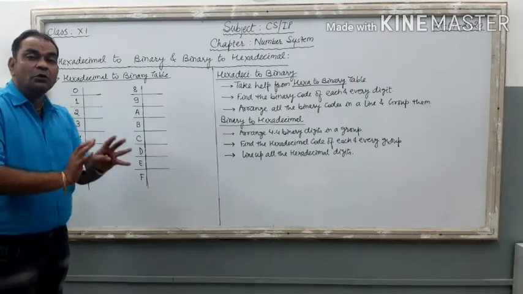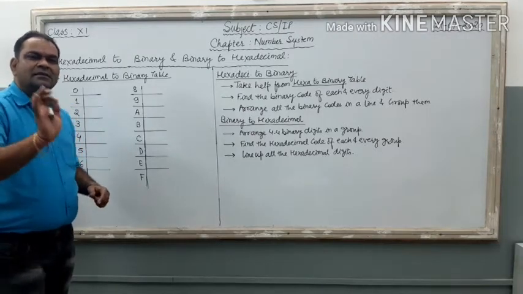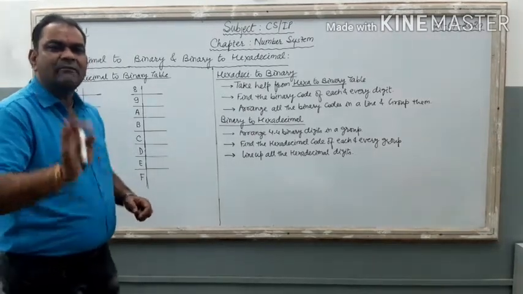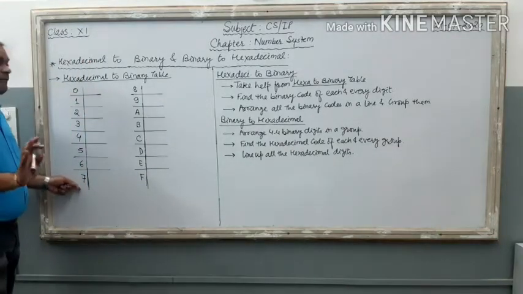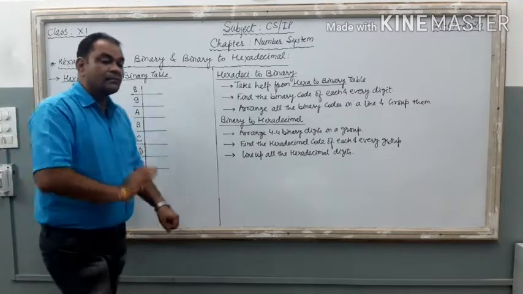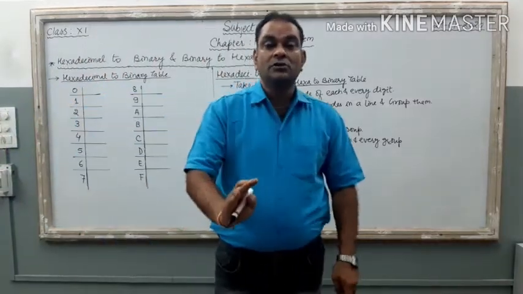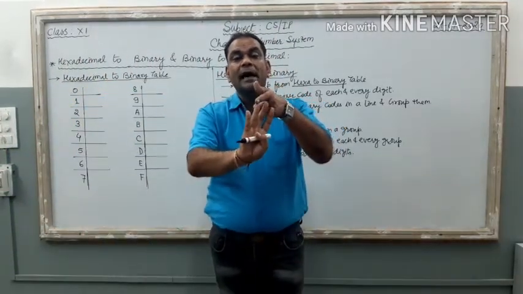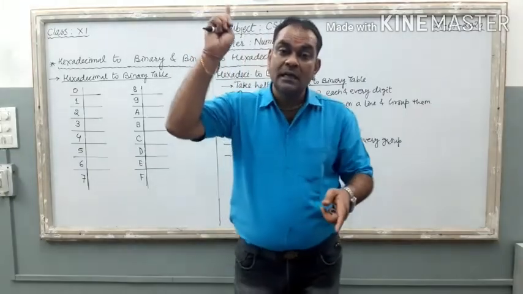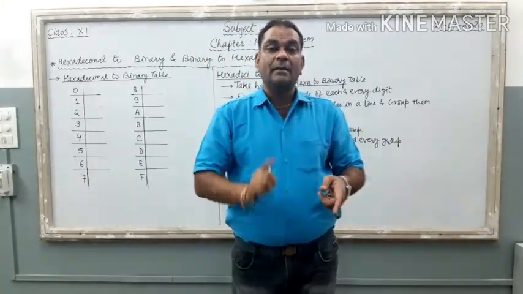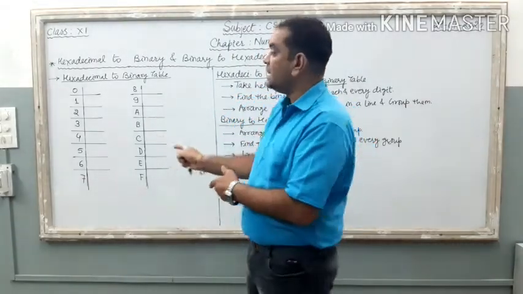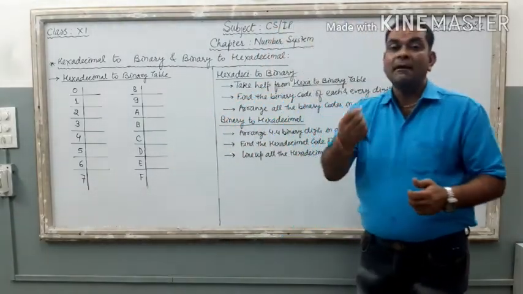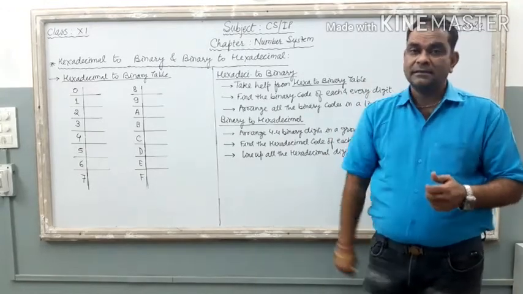If you want to learn the table, just understand a very basic, very common formula. The hexadecimal table belongs to 4-digit binary code. If you remember, the octal to binary table is related with 3-digit binary codes. Here in this table, we are going to write the binary code in 4 digits.